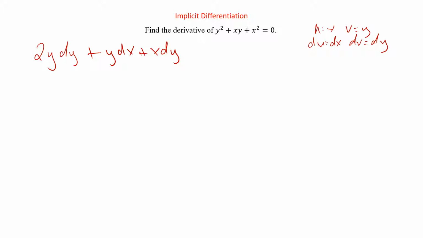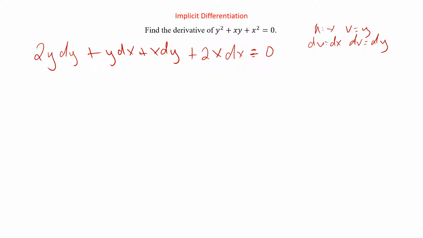And then the x squared plus 2x times the derivative of x. You might think, oh, the derivative of x is 1. Technically, kind of, yeah, we're going to call it dx. That's what the derivative of x is. Then equals 0, because the derivative of 0 is 0.